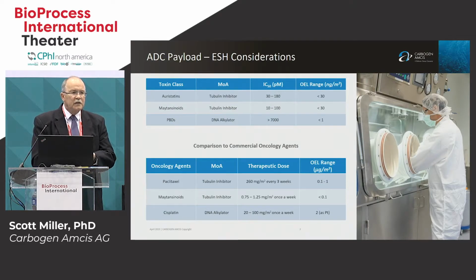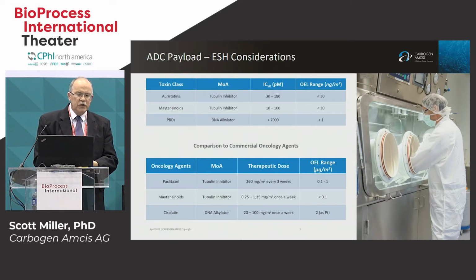A quick comment on the toxicities. The top three compounds, auristatins, maytansinoids, and PBDs, are examples of drug linkers that are being used. You'll notice on the far right, the operator exposure limit for 8 hours is in the nanogram level, with PBDs currently being the most potent. As a comparison to approved oncology agents, those tend to be in the microgram range.